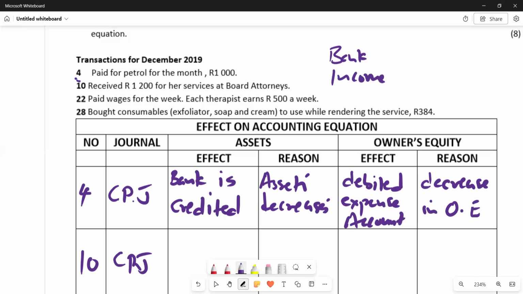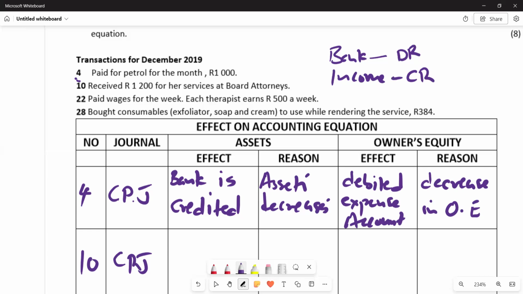As we are receiving, money is going to be banked, so bank is going to be the receiver there. So we debit our bank, and then we credit our income account. All income accounts have a normal credit balance, so we credit income account.